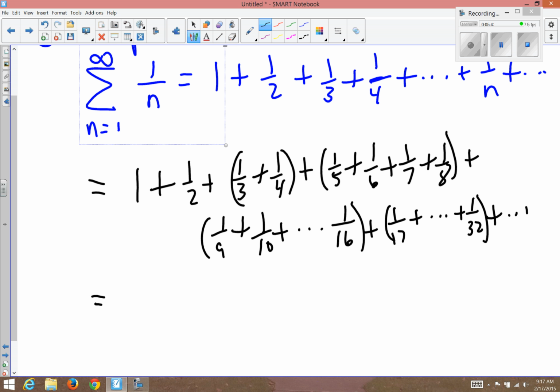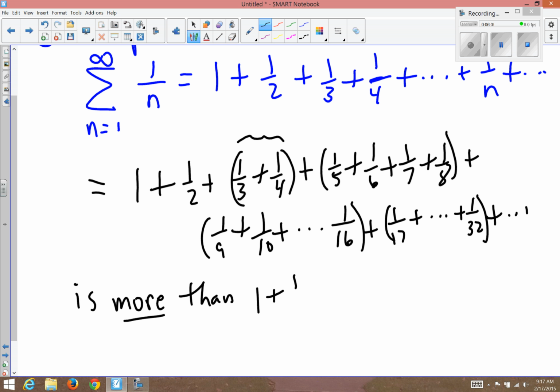What we see by doing this is that these two add up to more than 2 times a fourth. This sum here, which goes to infinity, is more than one plus a half. The two terms here, a third plus a fourth, is more than 2 times a fourth, because a third is more than a fourth.